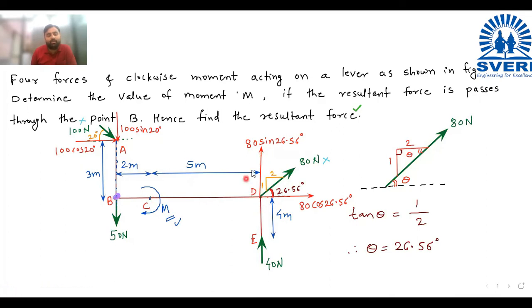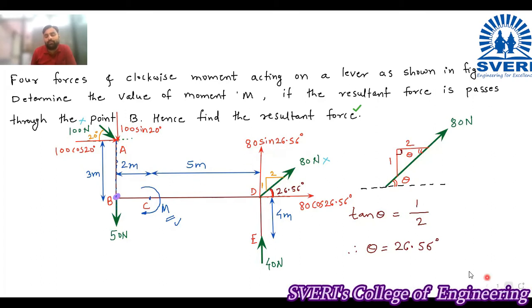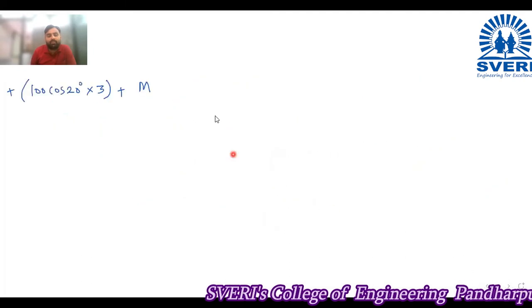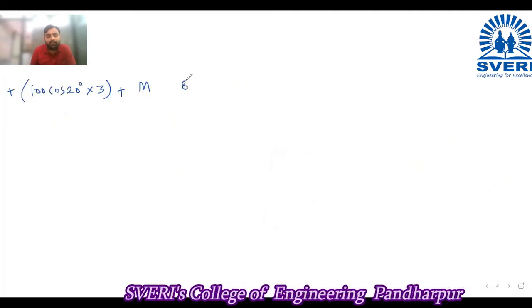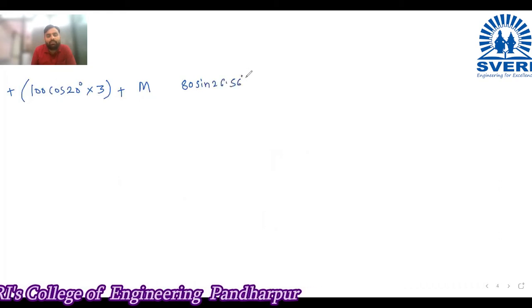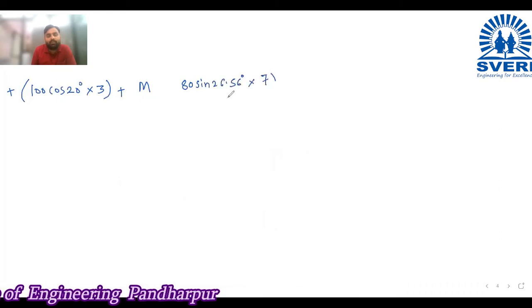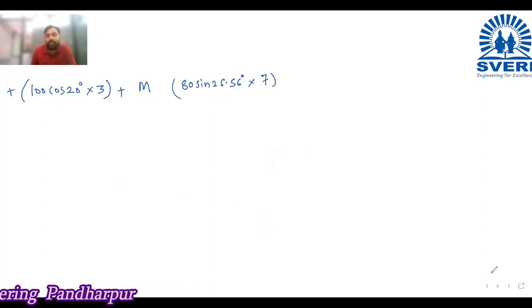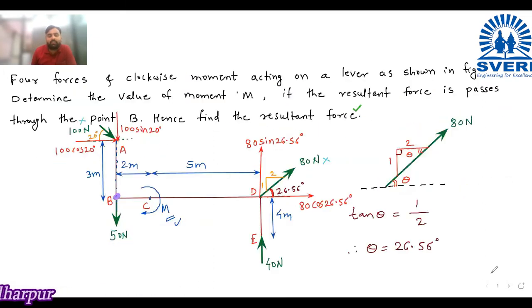D 7 meter. So it is 80 sin 26.56 into 7. This is force, so that is why we are multiplying it by the distance.